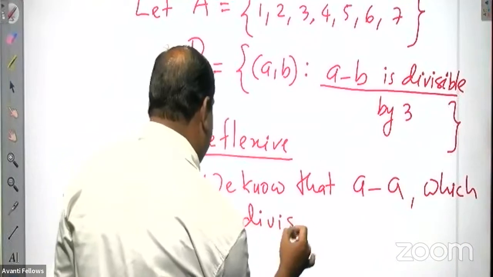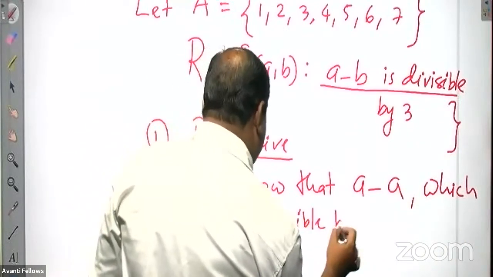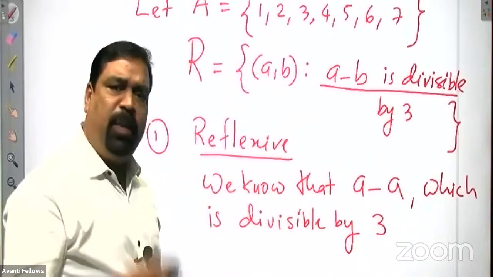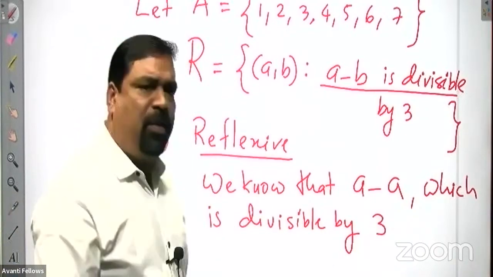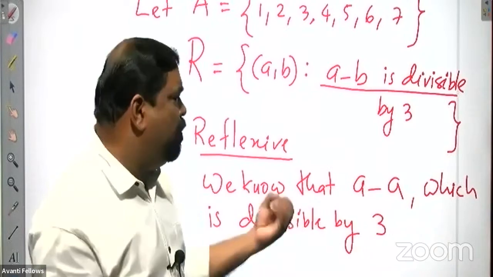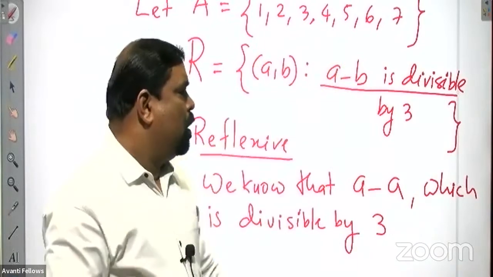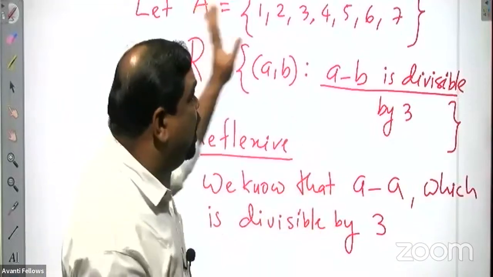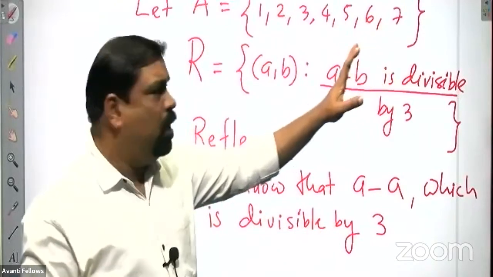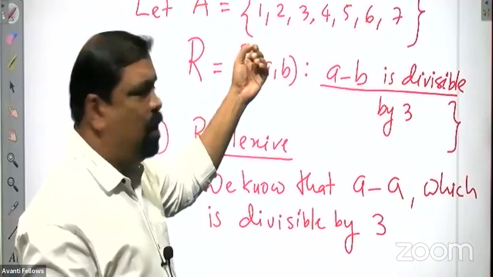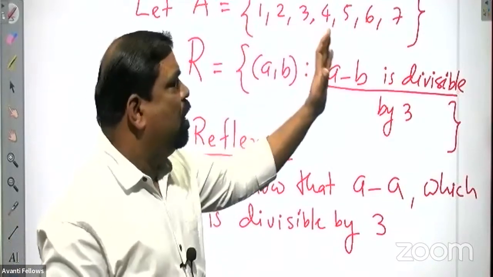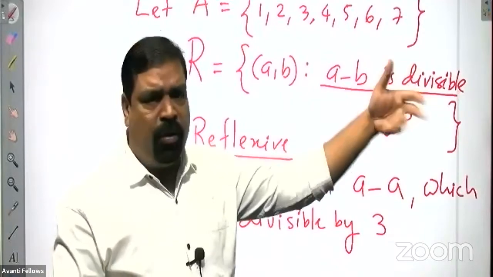So 0 is divisible by 3. a minus a means 0. This is true for every a in the set. For reflexive relation, remember this property must be true for every element. Actually, we cannot write each element, 1 minus 1, 2 minus 2, 3 minus 3, up to 7 minus 7. No need to write like that.